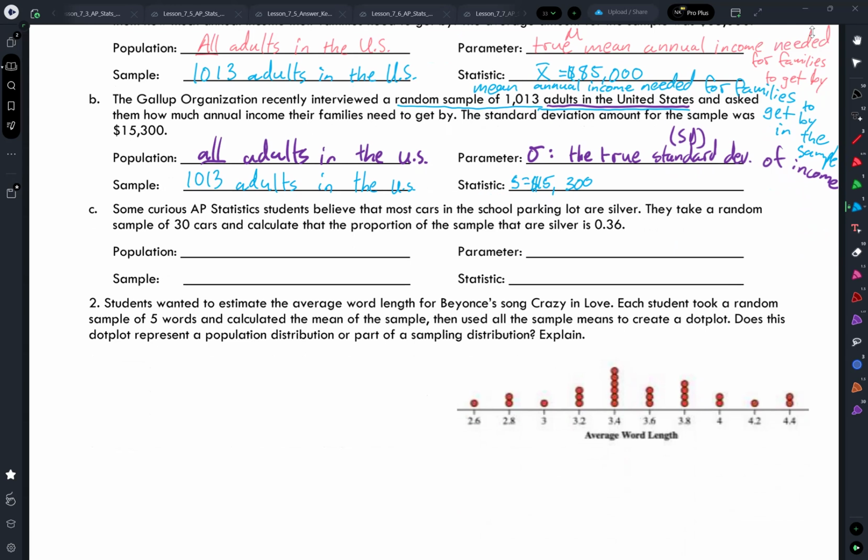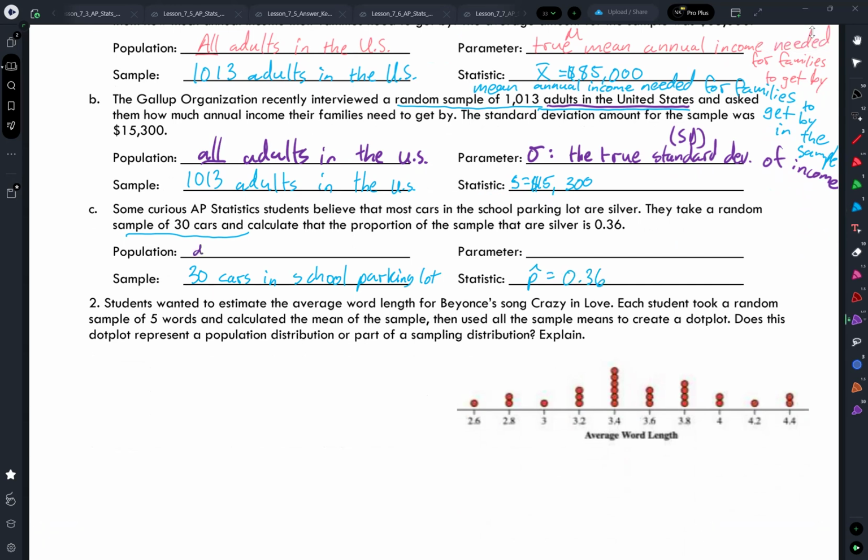All right, part C. Some curious AP statistics students believe that the most cars in the school parking lot are silver. They take a random sample of 30 cars in the school parking lot. So the sample is 30 cars in the school parking lot. And so the statistic is p hat of 0.36.